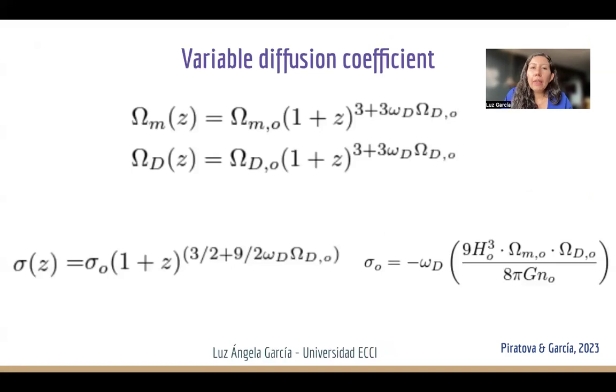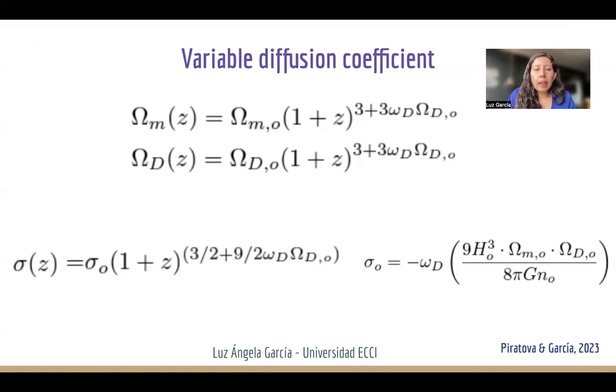But if we consider a case with variable diffusion coefficients, we're going to have a trend that now is going to be cubic in redshift, and it's going to depend also on the equation of state of the diffusion and the energy fraction of the diffusion.